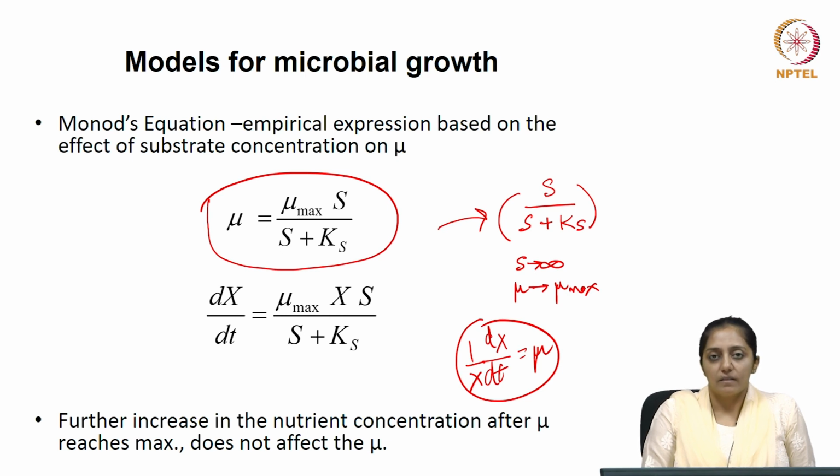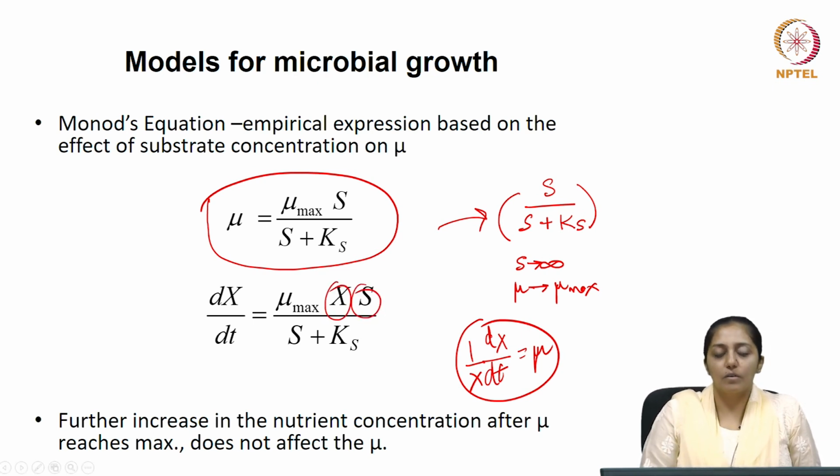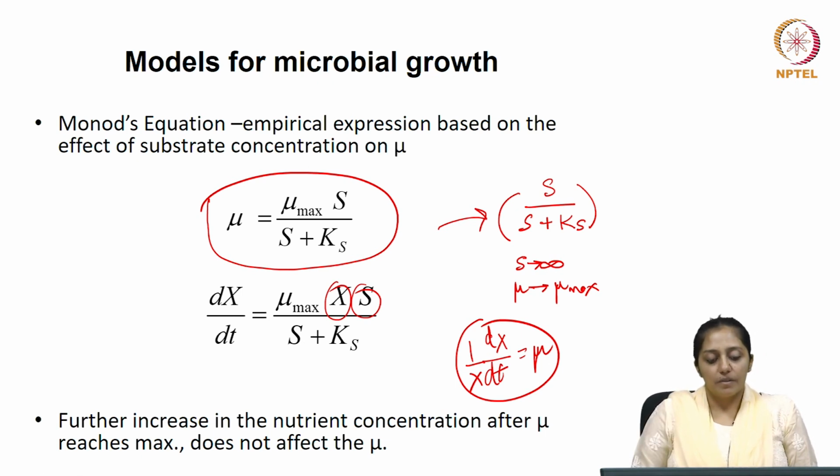So, now this gives us a form of how the rate of change of biomass concentration is related to the limiting substrate and the biomass concentration at that time. In the same equation, one can see that any increase in the nutrient concentration after mu has reached mu max will no more affect the specific growth rate.